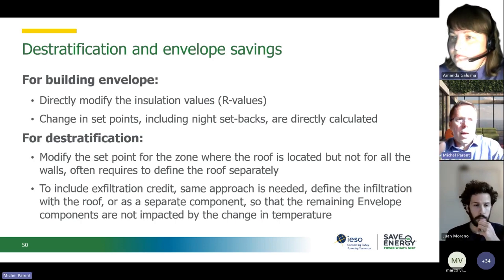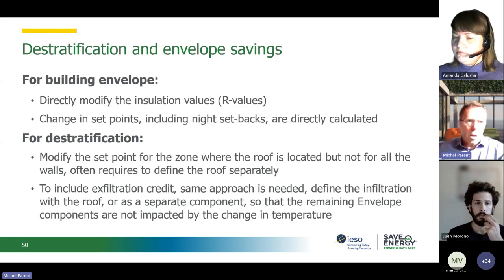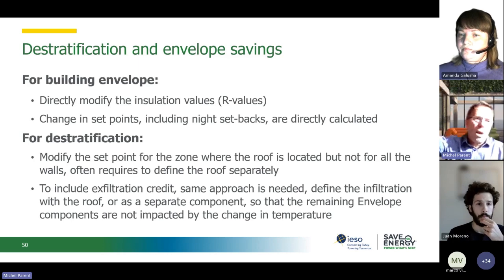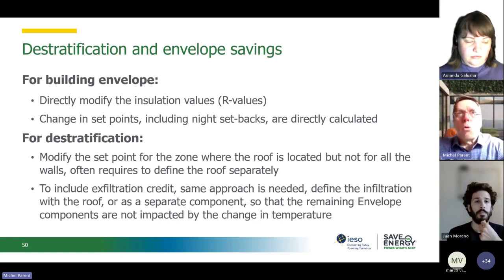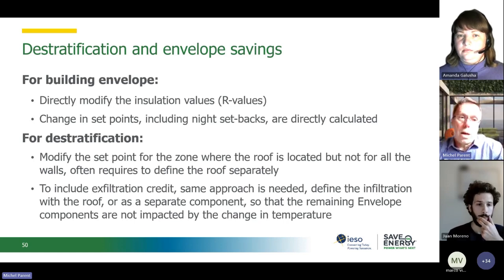If you got a destratification fan, you can use RETScreen where you will model the roof separately, because a destrat fan reduces the temperature at the roof level, so reduces your roof heat losses, and may also reduce some of your exfiltration losses. It won't reduce the losses per se, but it will reduce the temperature at which that air is being exhausted through exfiltration.